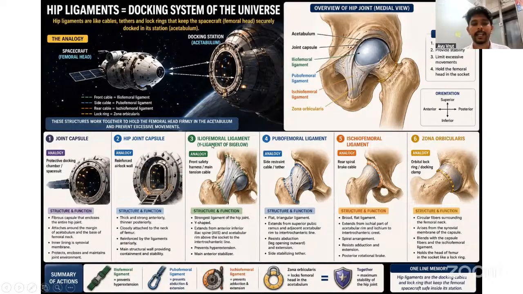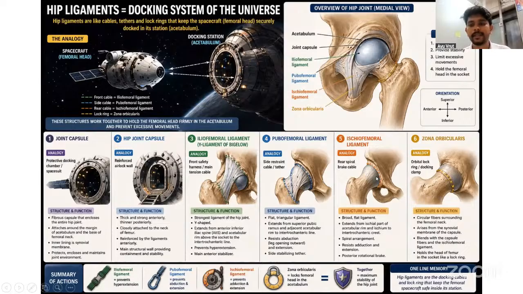इसका एनालॉजी ये है कि ये लास्ट में हम देखते हैं, this ilium of the pelvis gets attached to the femur, तो iliofemoral नाम दिया गया है. Pubic part of the pelvis gets attached to the femur, again तो pubofemoral नाम दिया है.